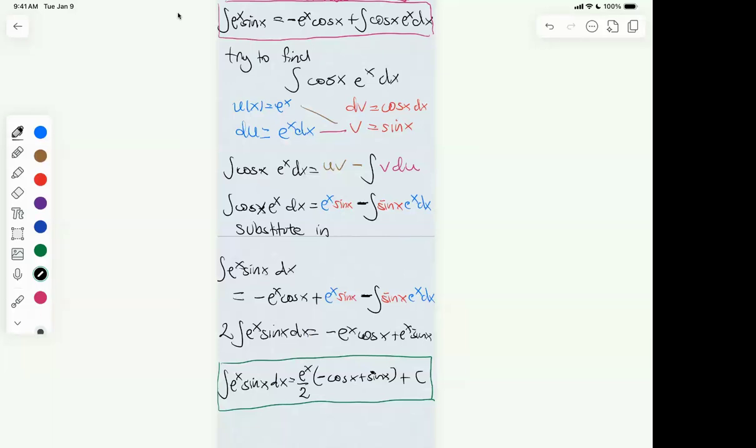But if this had x cubed sine of x, it wouldn't work the same way, because every time you take a derivative of x cubed it drops: 3x squared, then 6, and so on. The thing with e to the x is that it has this magical property that it stays the same as you take derivatives or integrals. That's why you can return to where you started, because it didn't get simplified.